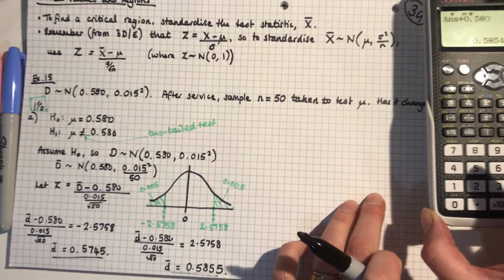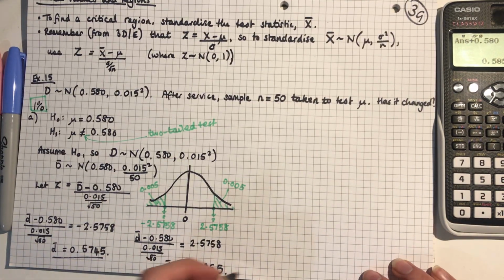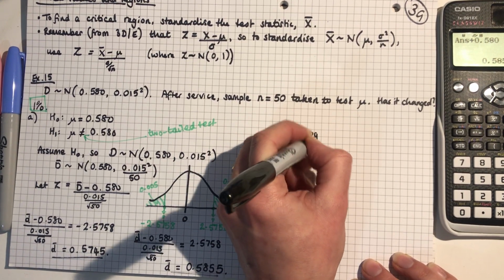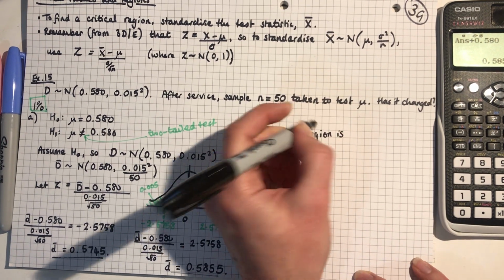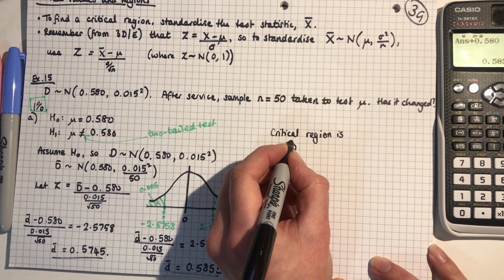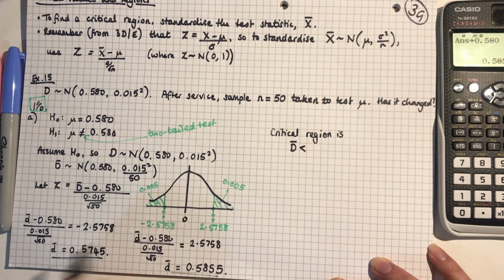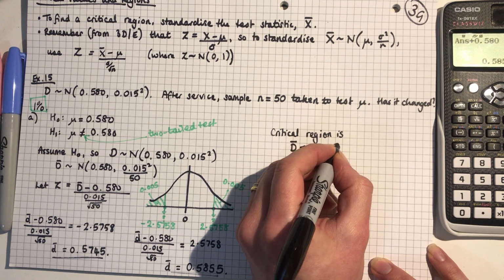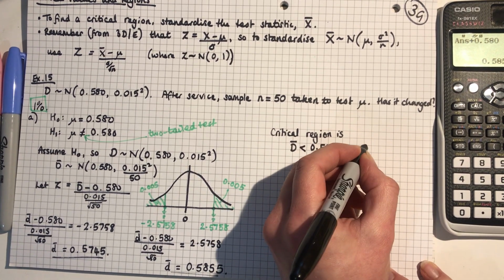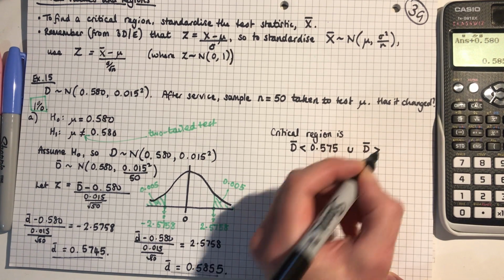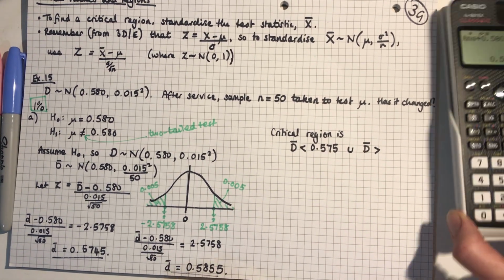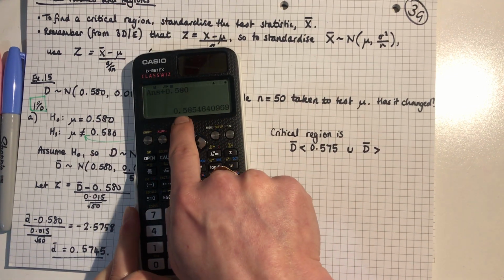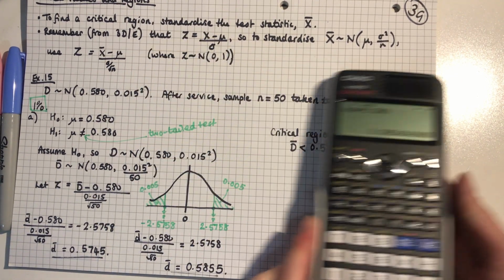So I need to write down my critical region. So the critical region is any mean less than 0.575 or any mean greater than, I've rounded there, but because that's a 5 and this is a 4, actually if I do this to 3 decimal places it'll be 0.585.